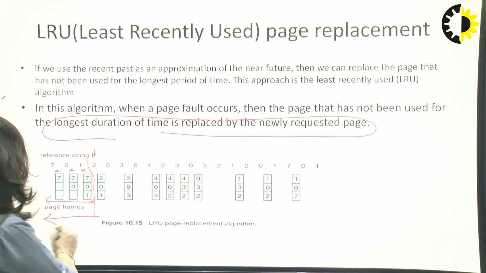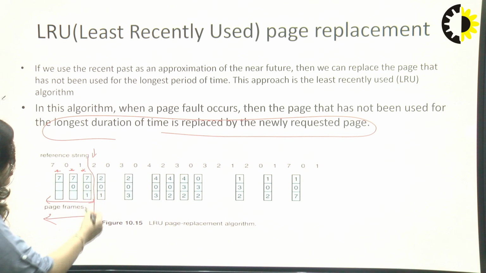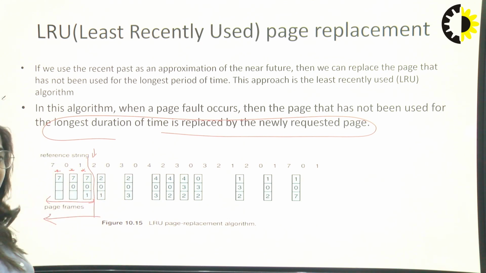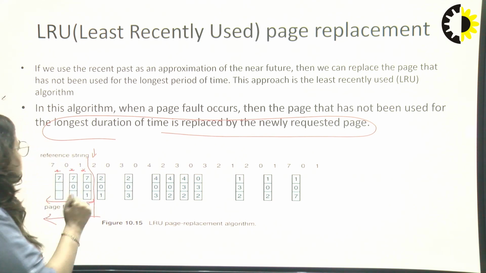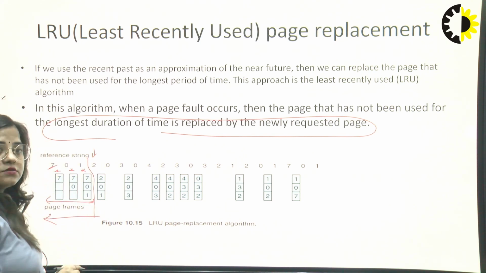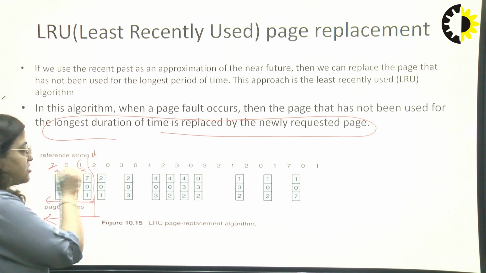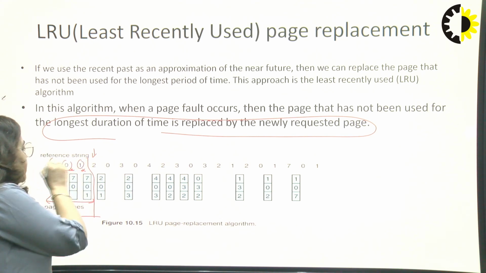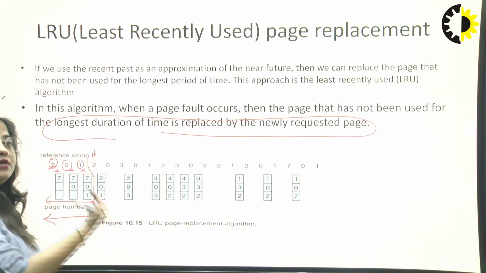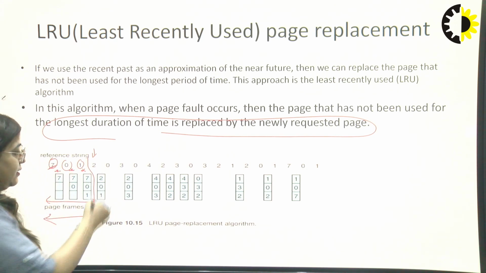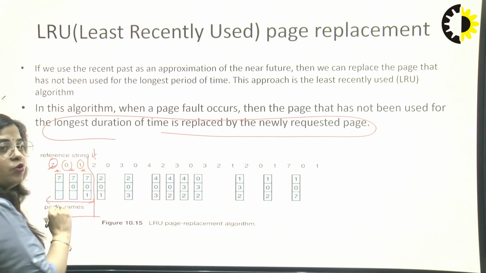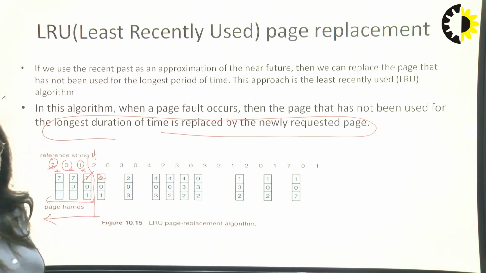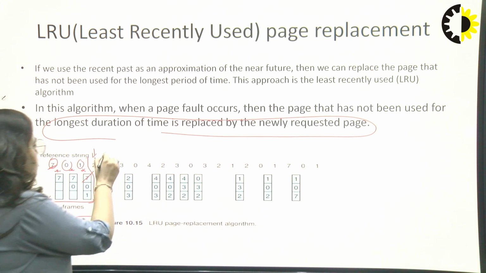So LRU checks which number is least recently used in past data. 7 was used first, because 1 and 0 were used recently, but 7 was not. So now 2 replaces 7.